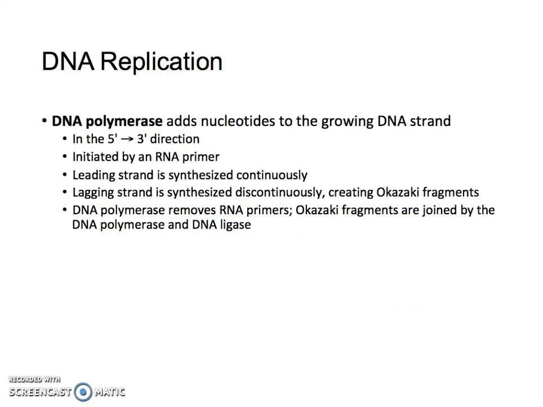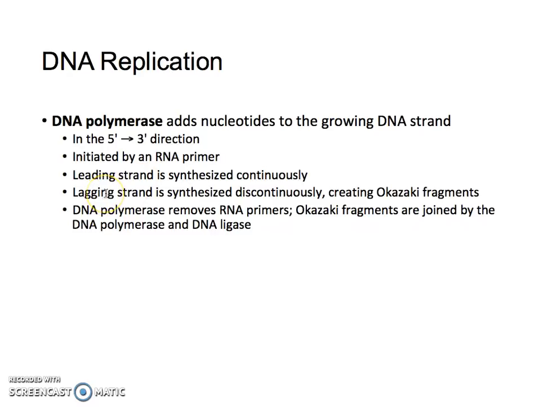DNA polymerase adds nucleotides to the growing DNA strand in a 5' to 3' direction. Now, we use an RNA primer to start synthesis. The RNA primer itself can only recognize the 5' end, which was shown to you in a previous slide. The leading strand, which is the one that is going in the correct direction from 5' to 3', is synthesized continuously because, hey, it's doing it correctly.